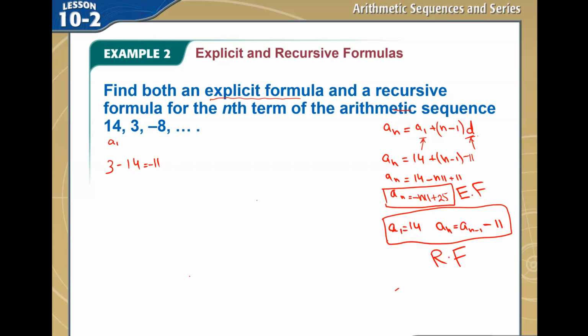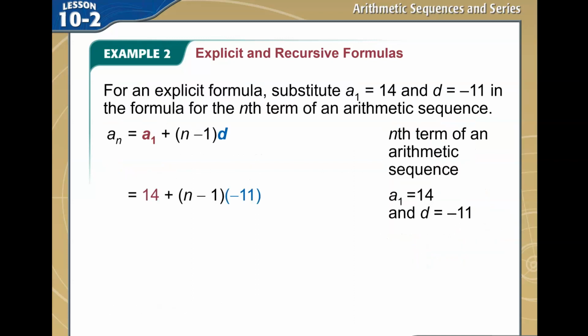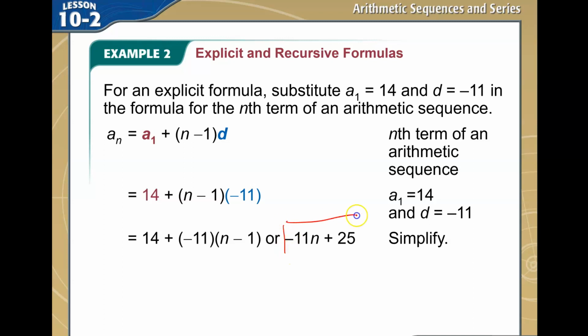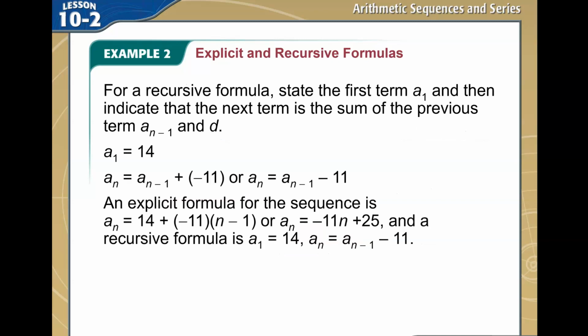Sorry about this mistake. So here's the answer: negative 11n plus 25, and the next one is over here. Okay, so this is what you will do.